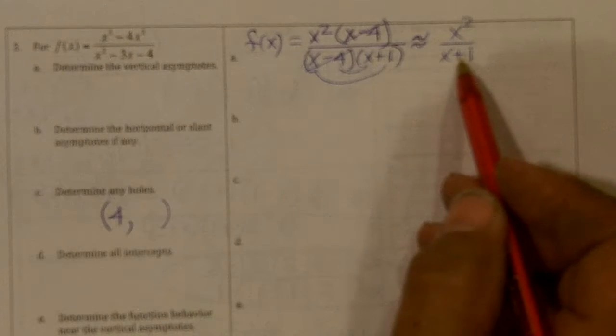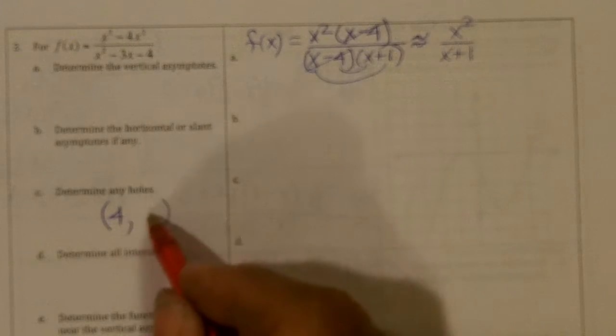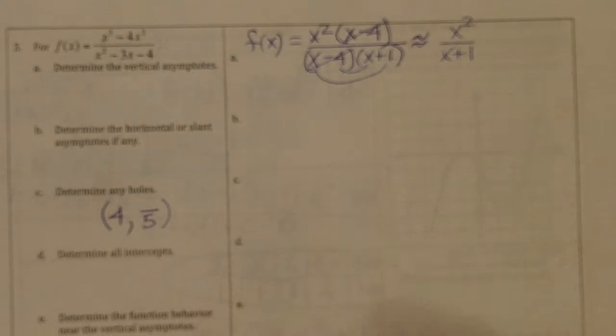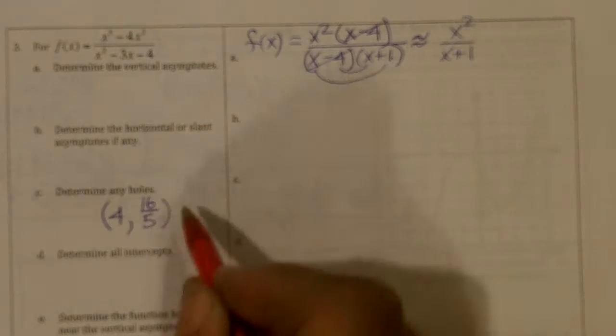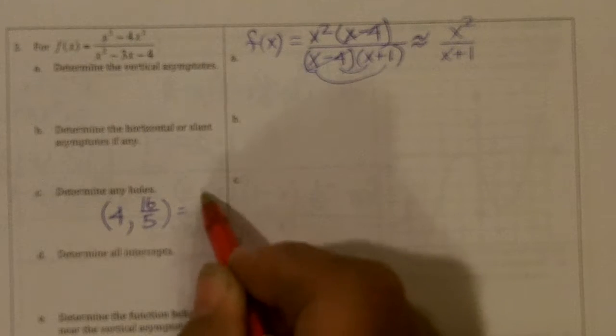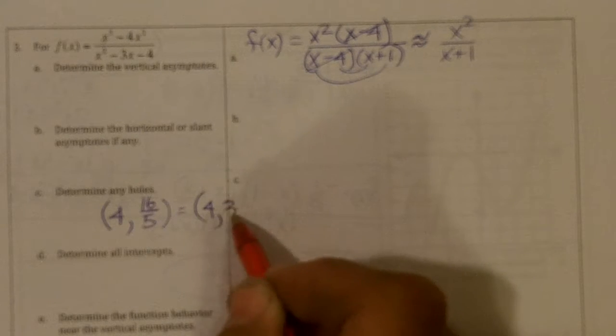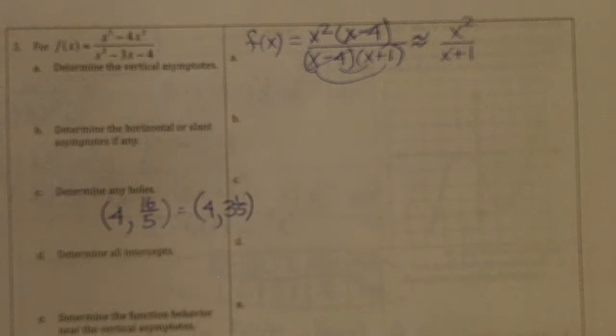And the hole is at, let's see, 4 plus 1 is 5. And 4 squared is 16. So that's the same as 4 and 3 1/5. So I'm going to jump down to the graph and put the hole on it.